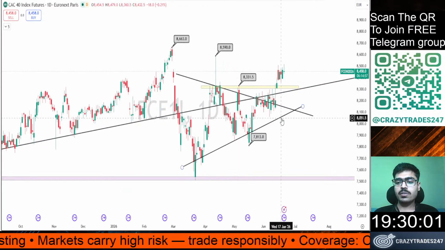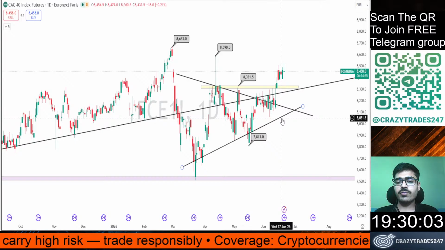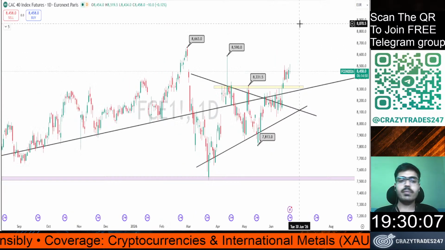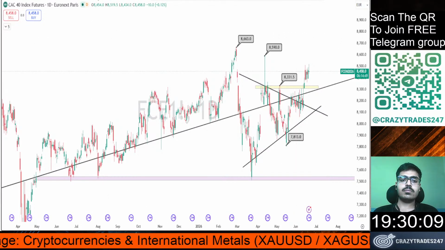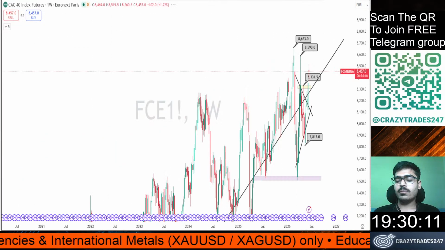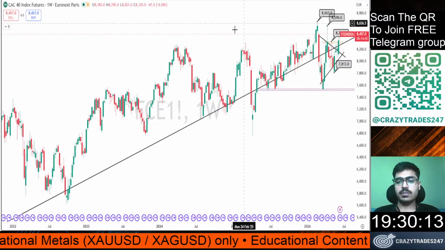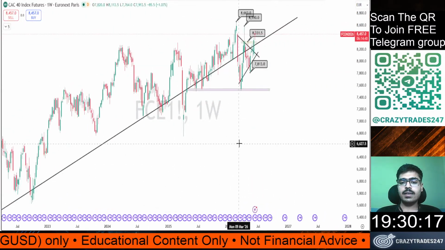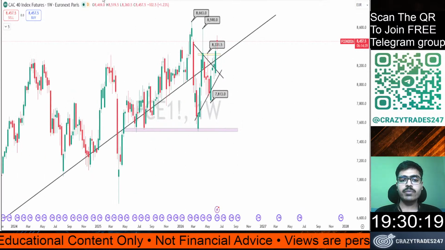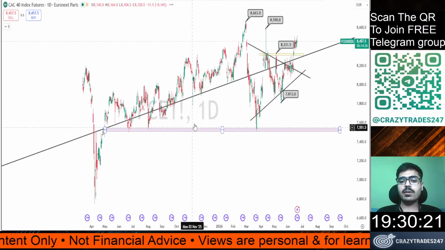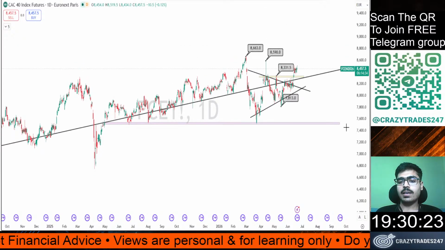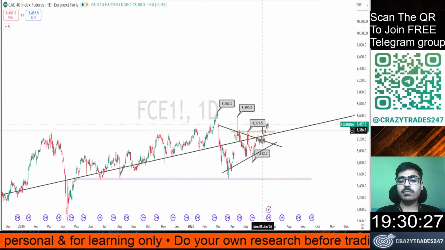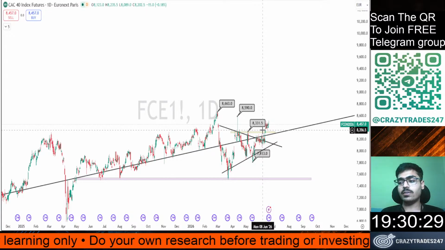Now with the stop loss of 8,051, we can take a long entry here, and we might target some really good moves in the upper direction. As trend is already strong, price waited for some time here to consolidate, and after some more accumulation, we suspect that price might continue in the upper direction further.